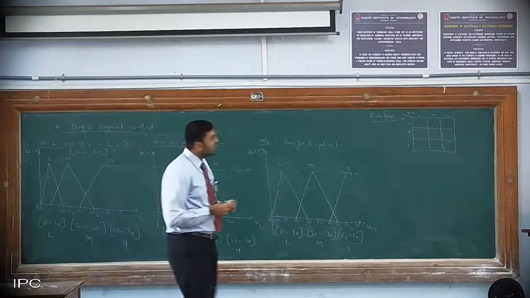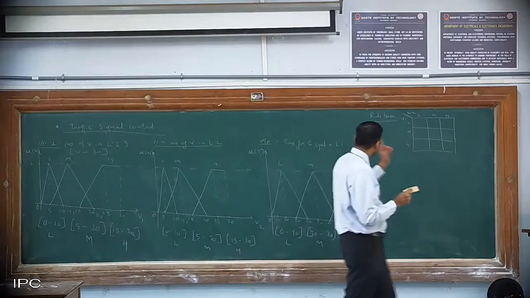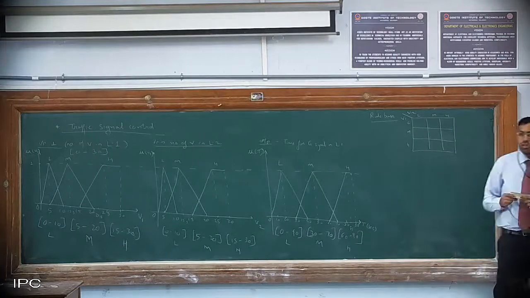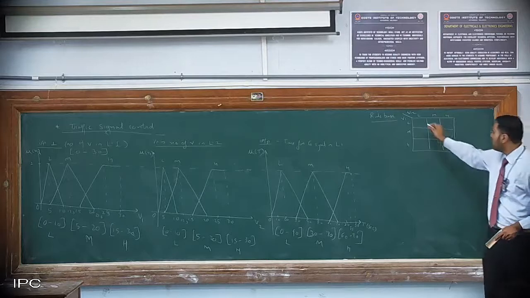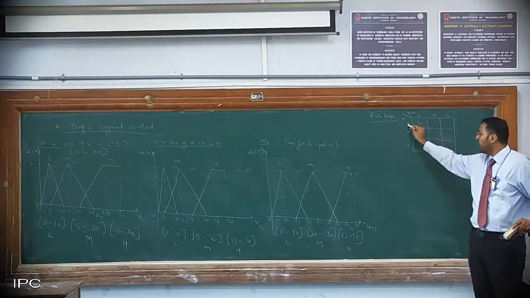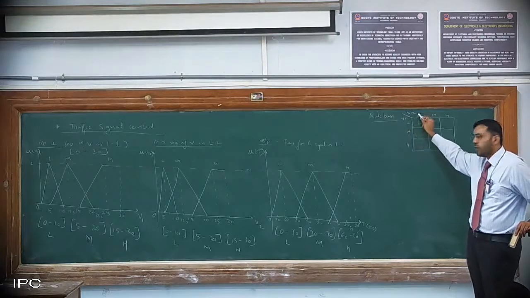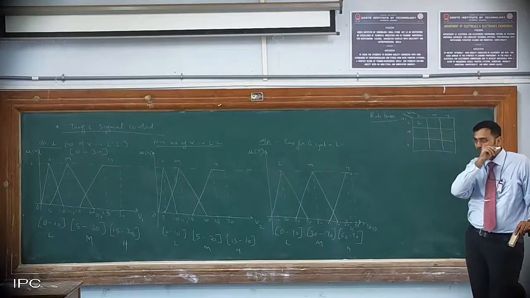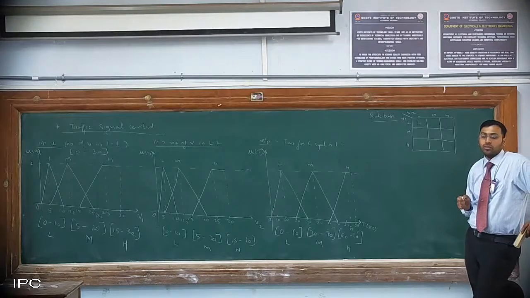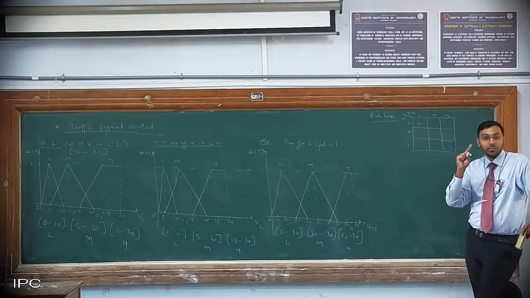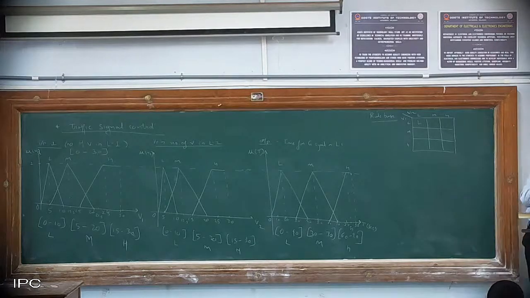If the number of vehicles in lane 1 is low and the number of vehicles in lane 2 is also low, time required for green signal in lane 1 should be low. Vehicles in lane 1 low, lane 2 medium. Yes, understand the concept. Number of vehicles in lane 2 is more and lane 1 is less. So green signal for lane 1 should be low only.